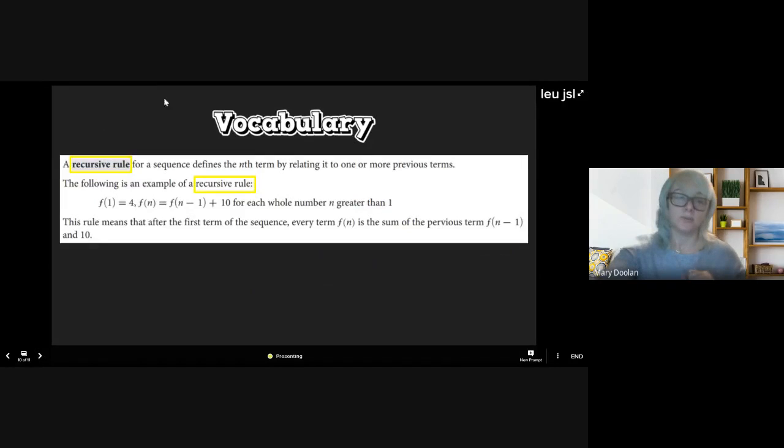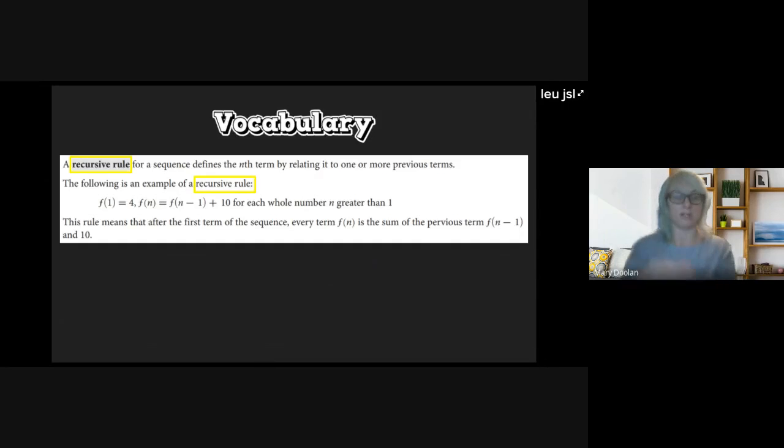The other type of rule that you can have in a sequence is a recursive rule. So there's explicit and recursive. A recursive rule for a sequence finds the nth term by relating it to one or more previous terms. So in this case, you can't just figure out any particular value of n you want. You can't just go in and figure out the 8th value, because it's dependent on the one before it.